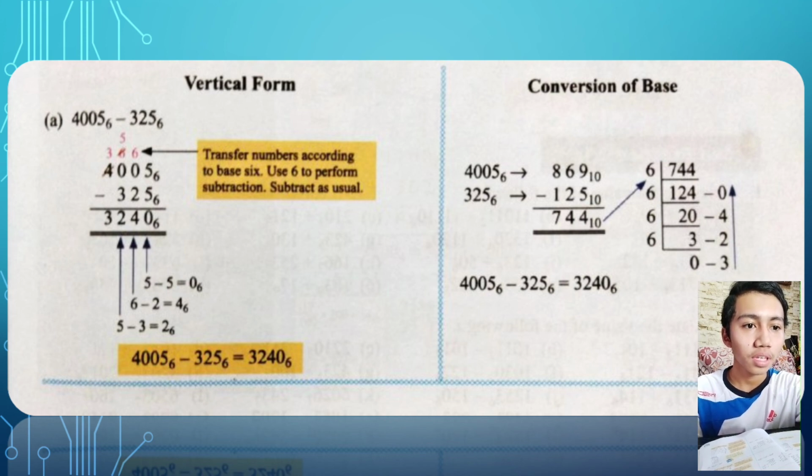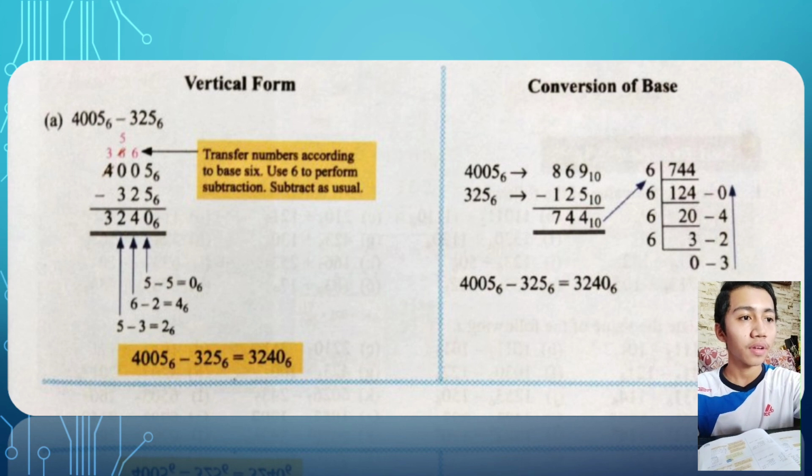Then we get to see 4005 base 6 minus 1325 base 6 is equal to 3240 base 6. So in conversion of base, as I taught previously, we need to convert the number in base 6 to base 10 first.